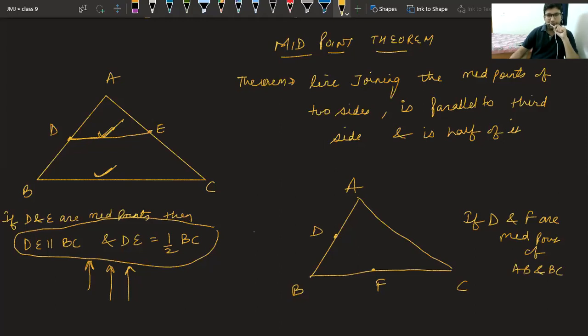If D is a midpoint of AB and F is a midpoint of BC, then the line joining these midpoints, that is DF, will be parallel to, class, please tell me, which side? The third side. Very good, the third side is AC. And also it is half of AC. So DF is parallel to AC and DF is equal to half of AC.